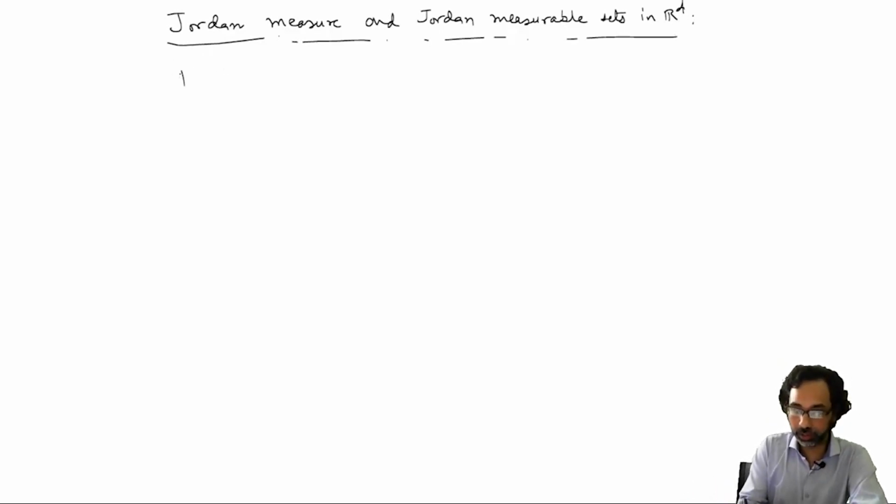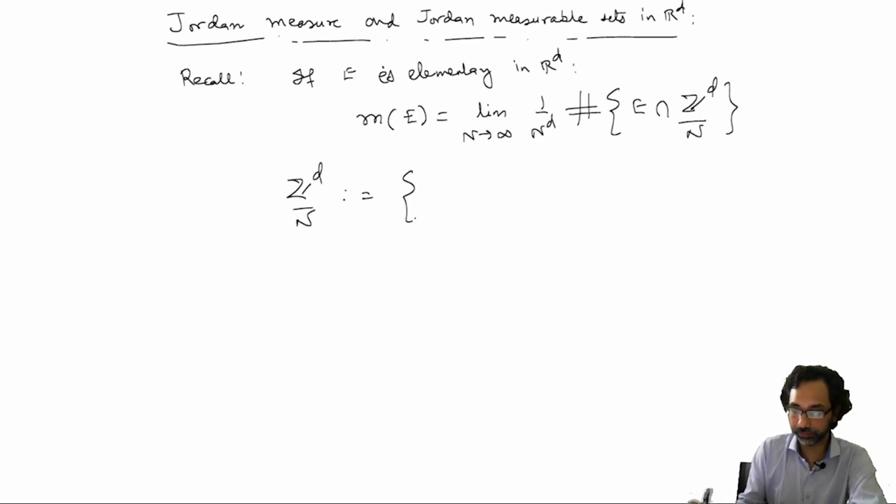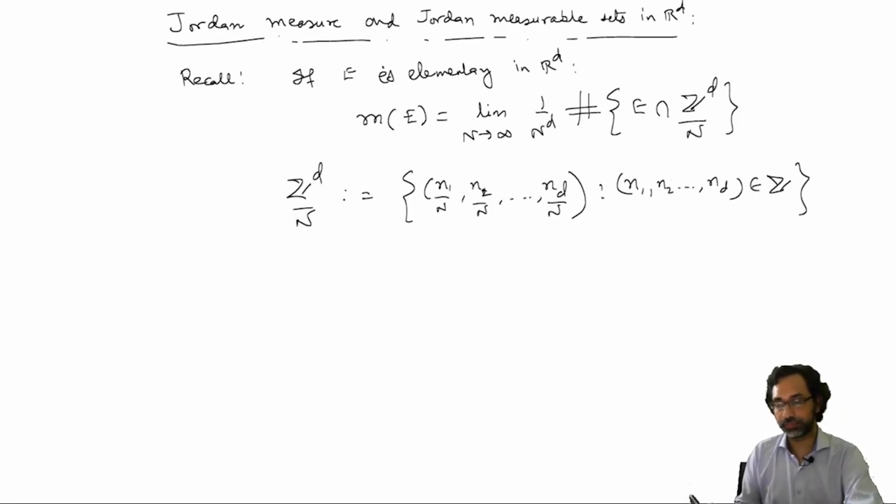One choice, recall that if E is elementary in R^d, then we had this formula: m(E) was the limit as n goes to infinity of 1 over n to the power d, the count of the set E intersection with Z^d over n, where Z^d over n was the set of points n1 by n, n2 by n, up to nd by n, such that n1, n2 up to nd is a d-tuple of integers.